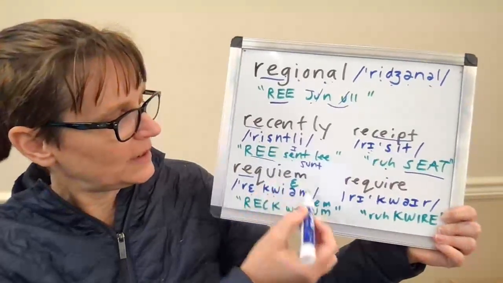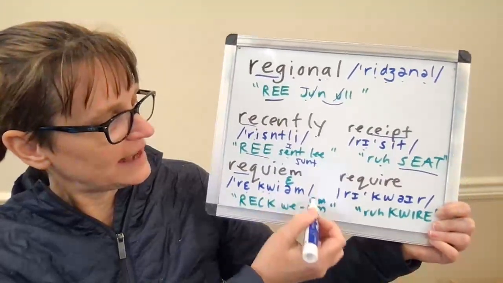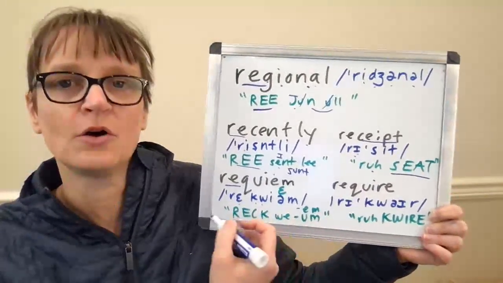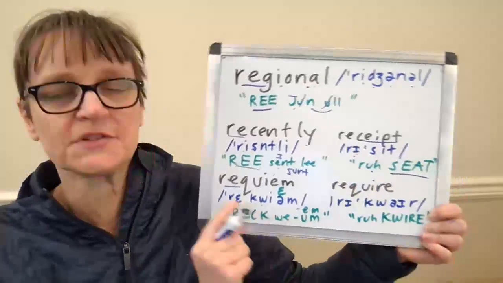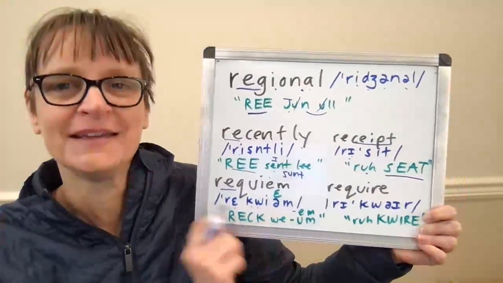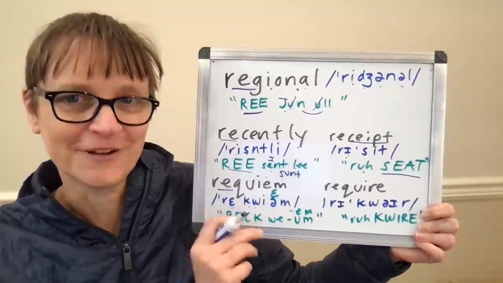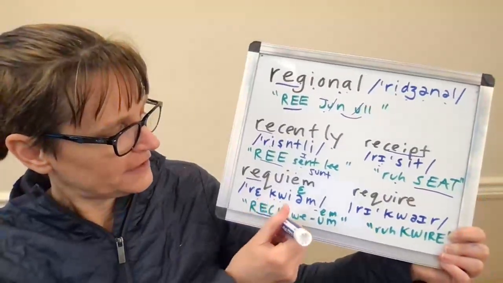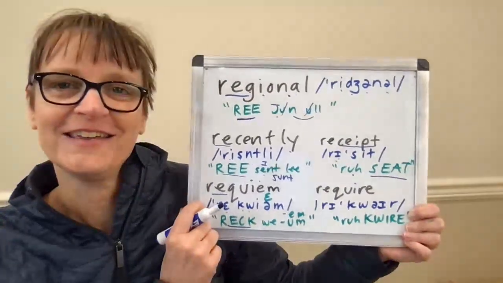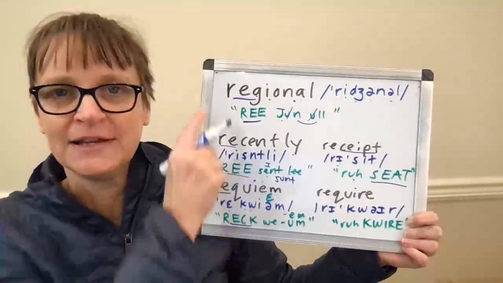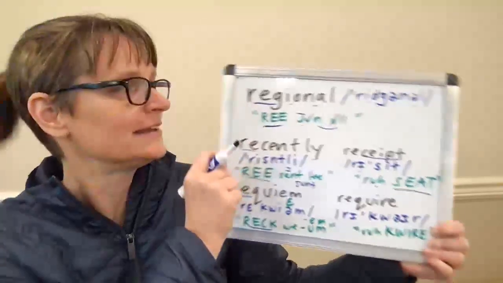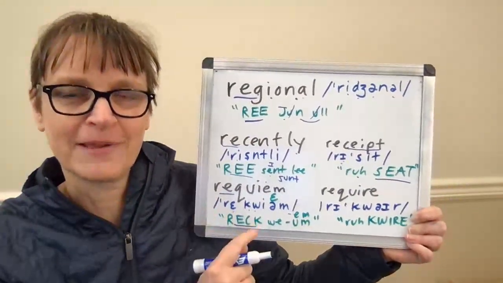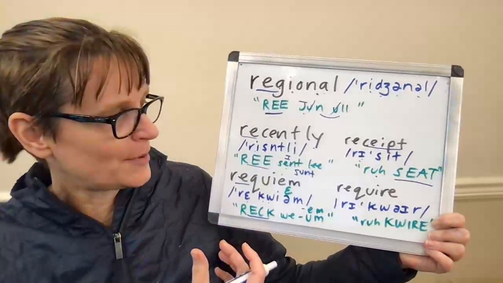And then in requiem, we can either say this E as an I, or some people will also say it as a schwa. Of course, this is the American pronunciation of this word. It's going to be different in Latin or in other languages as well. So note that. So if the RE is stressed, in the stressed syllable, it's likely going to be a re, like in regional or recent, or a re, like in requiem or record, for example.